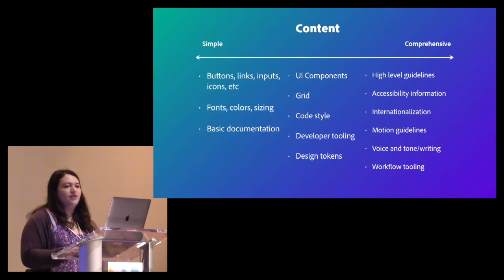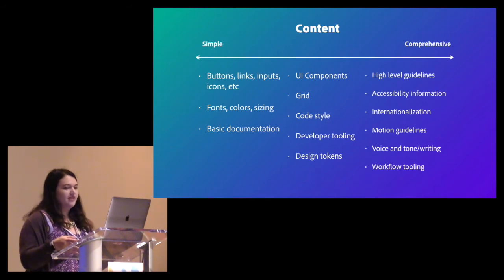At the middle level, you kind of get into more complex components, code style guidelines, developer tooling, and of course design tokens, your variables. And then if you're going really comprehensive, which is high-level guidelines, so how do we use tabs? What's the best way to use a drop-down? What's a button supposed to be used for, et cetera, et cetera.